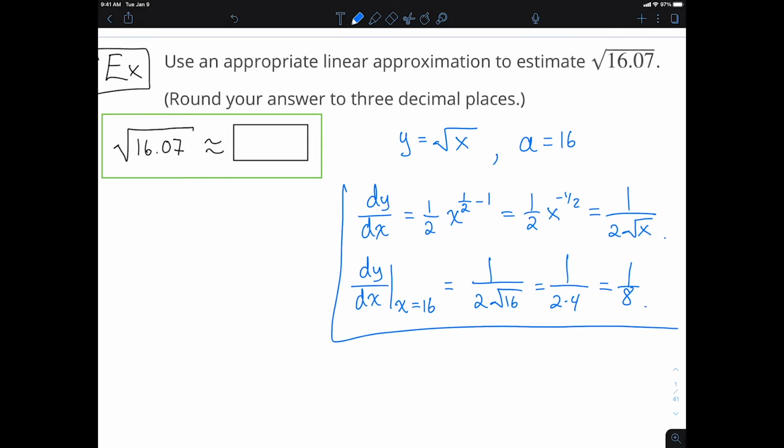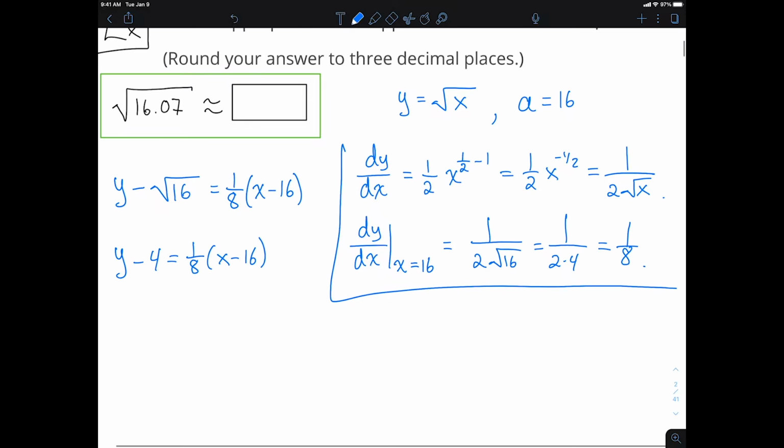We've been able to get the slope for our tangent line, which means we can write down our tangent line equation now. We can write y minus the square root of 16, since the square root function is our function, and we can resolve what that is in a second. This is equal to the slope, which was that derivative value, times x minus the base point, which is 16. So this is y minus 4 equals 1/8 times x minus 16. And we could get this into the form that we looked at above in general, which is y equals 4 plus 1/8 times x minus 16.